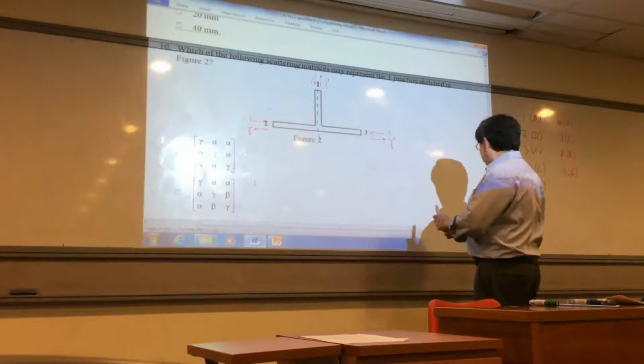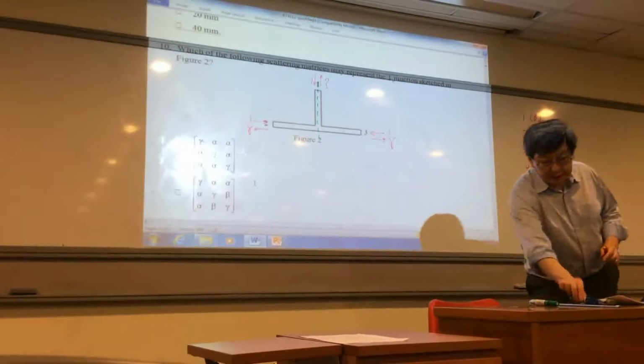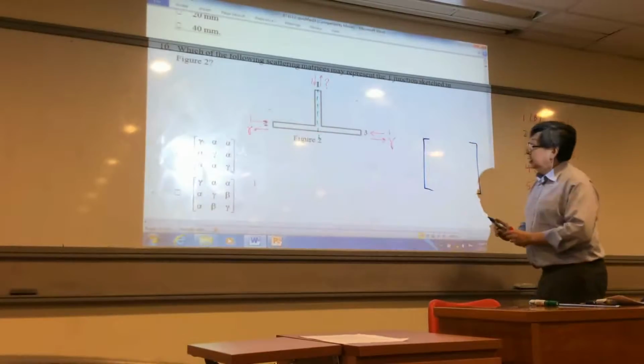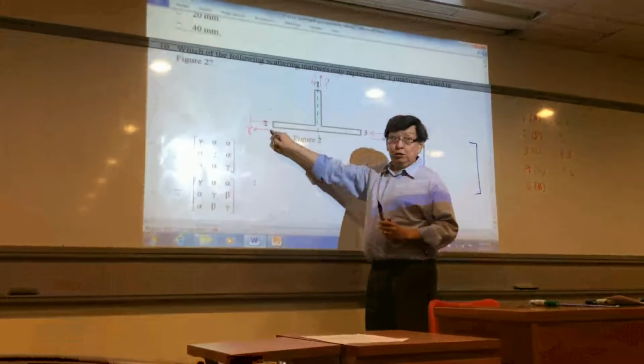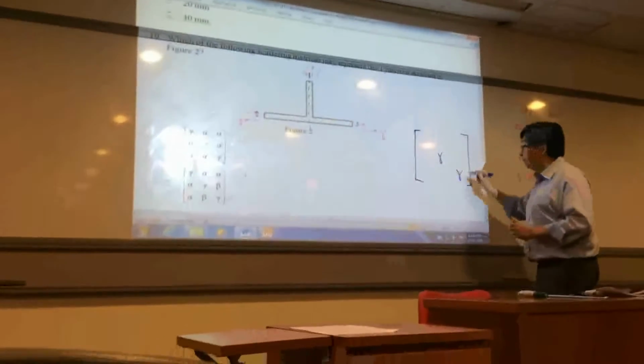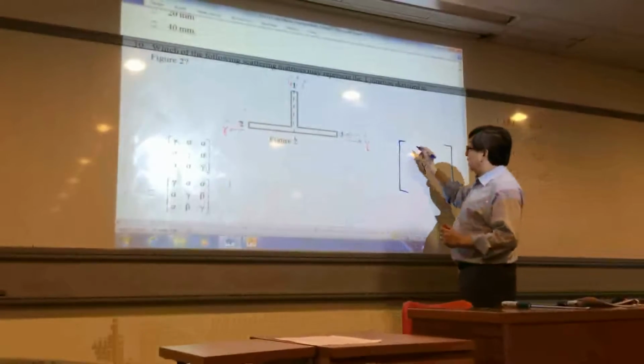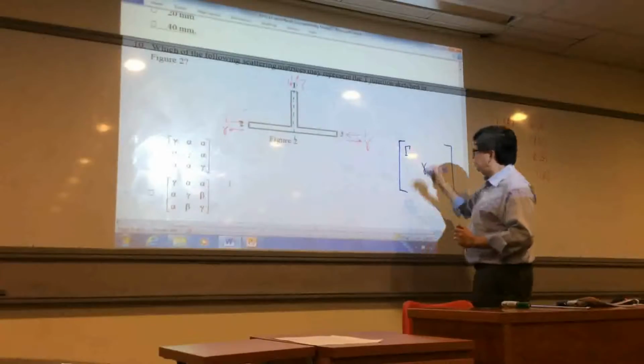Let me write the scattering matrix. We can deduce that S22 and S33 must be equal to each other. But S11, we don't know what it is, so let's call it big gamma.